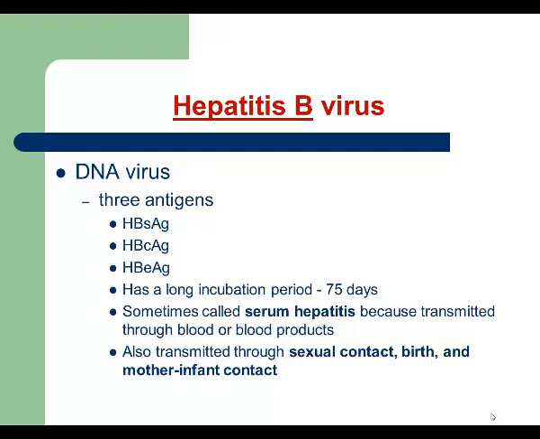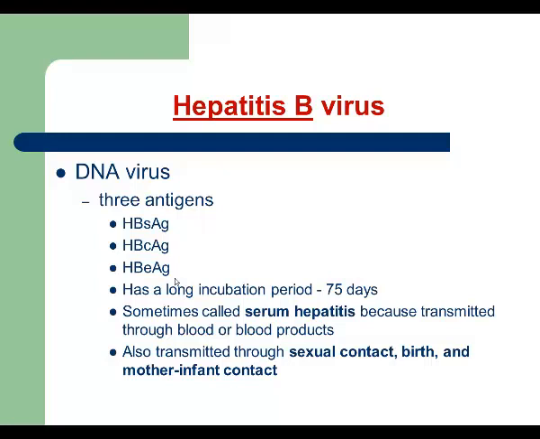The first one is hepatitis B surface antigen. It can be found on the surface of the virus. The next one is hepatitis B C antigen, which is found on the core of the virus. And the last one is hepatitis B E antigen that is found on the capsid of this virus.